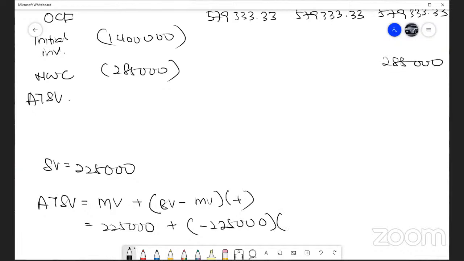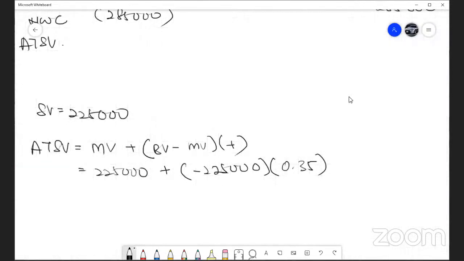The tax given to you here is 35%. 225,000 times 0.35 is 78,750. Positive plus negative becomes negative.